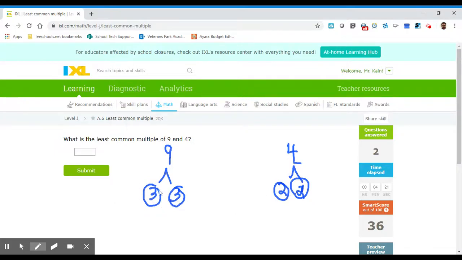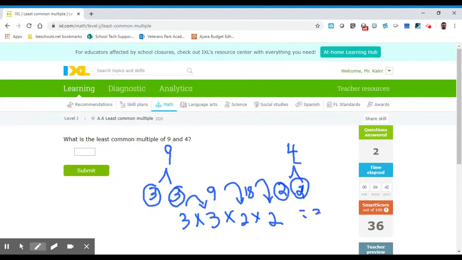The greatest number of times between these pairs that 3 appears is twice. This rule will make more sense when we get up to the higher ones. And 2 appears twice. Let's multiply together. 3 times 3 is 9. 9 times 3 is 18. And 18 times 2 is 36.